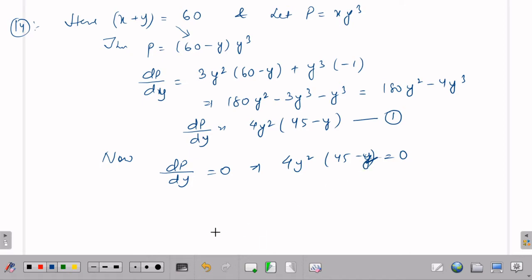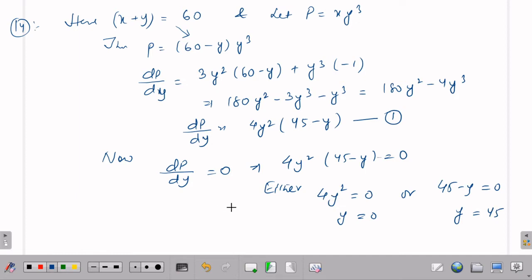Let me just write nicely this one. So it will be either 4y squared is equal to 0, y is equal to 0, or 45 minus y is equal to 0, y is equal to 45.